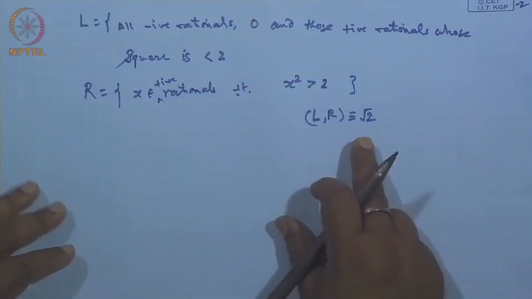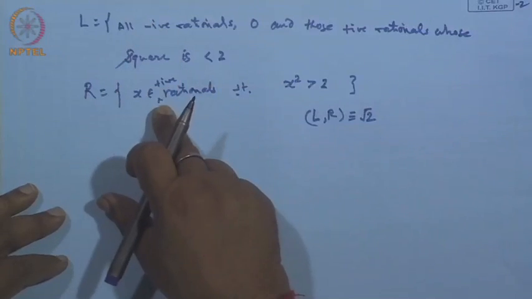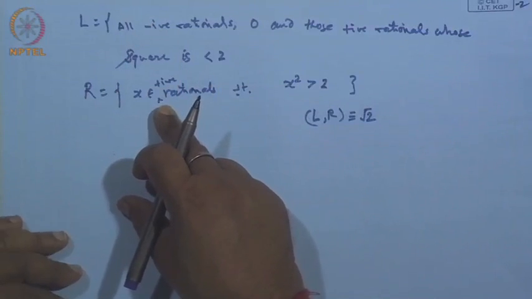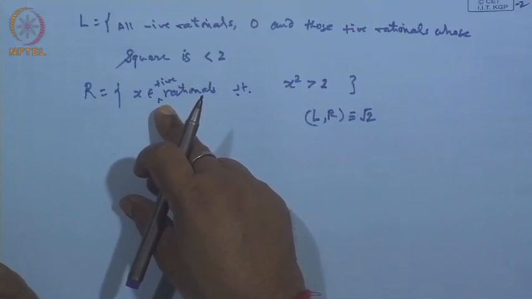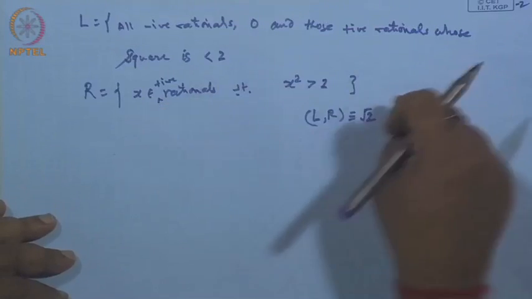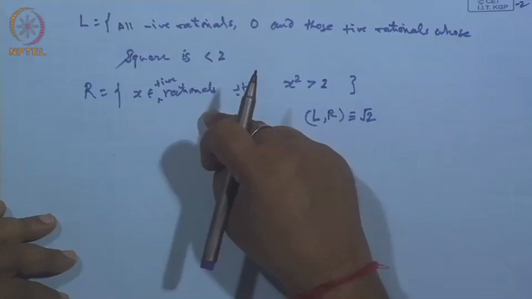But in the case of the section which corresponds to irrational points, none of the lower and upper classes has a largest or least number. This does not belong to either L or R, but it divides the whole set of rational numbers into two parts.